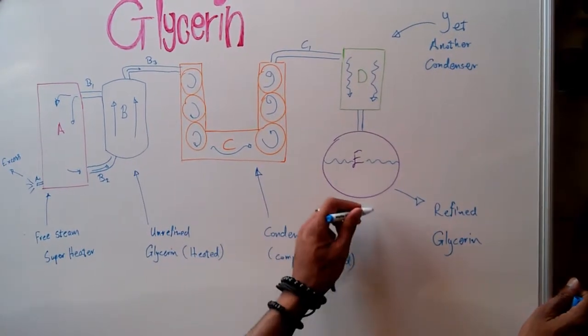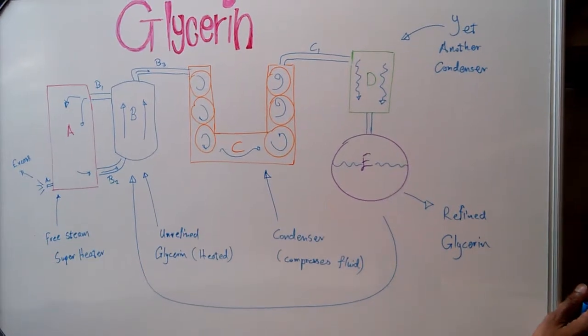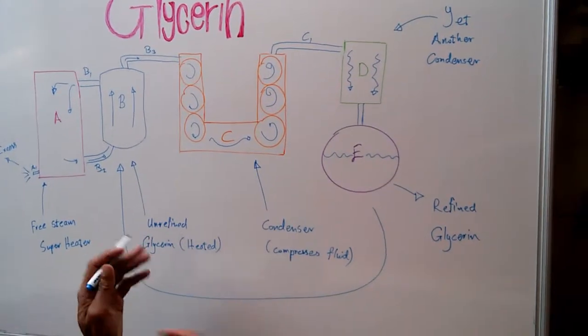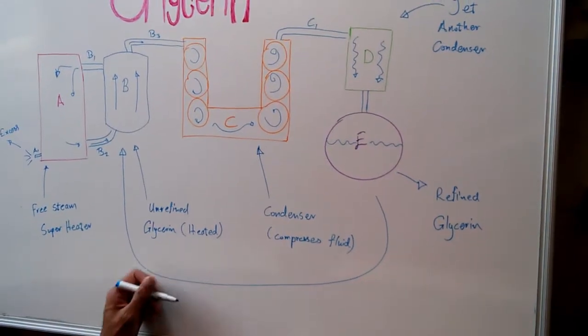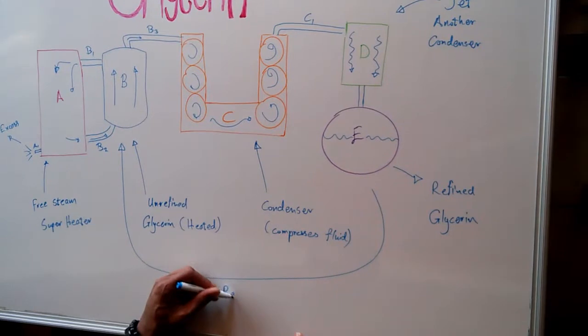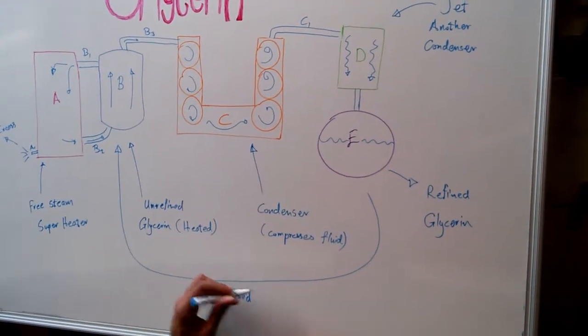This is a simple representation of the saponification process. If you are not happy with the final product in chamber E, the glycerin can also be refined once again and thus can be recycled back into chamber B.